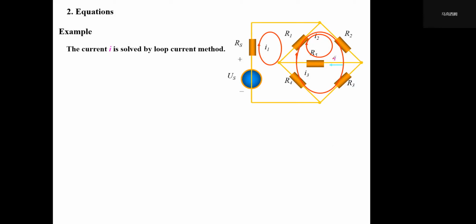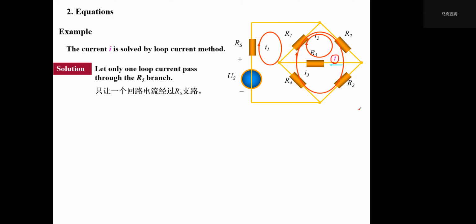By doing so, we can see that for the second loop, its loop current is actually the unknown variable I. By selecting the loops like this, we avoid having the current I at the boundary of two loops.